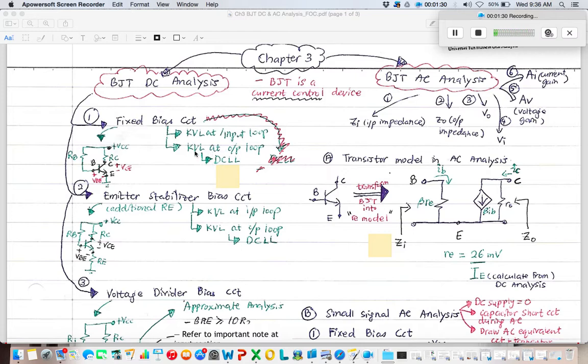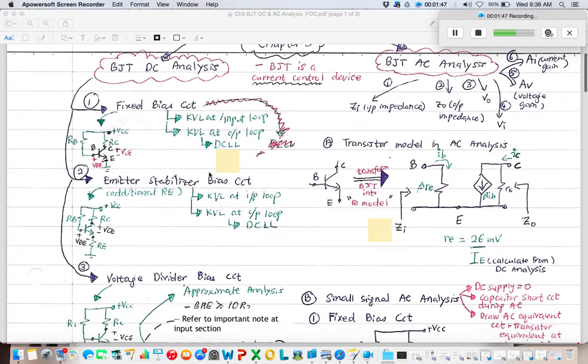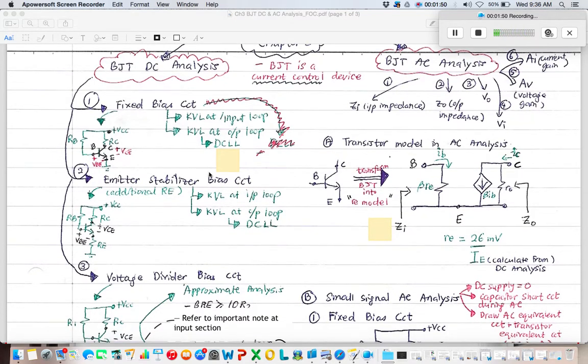At the same time, the DCLL or DC load line analysis can be obtained using KVL at output loop. If you recall my first lecture in YouTube, the DCLL can be obtained from the KVL equation, in which you can obtain the VCE value at x-axis and IC value at y-axis.